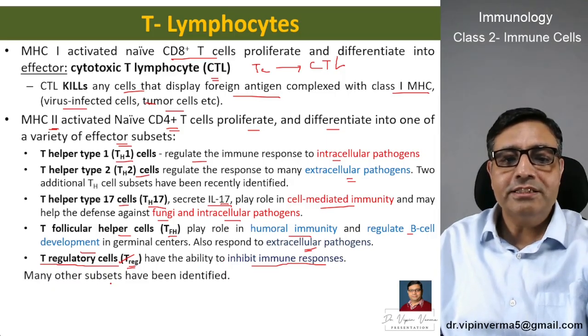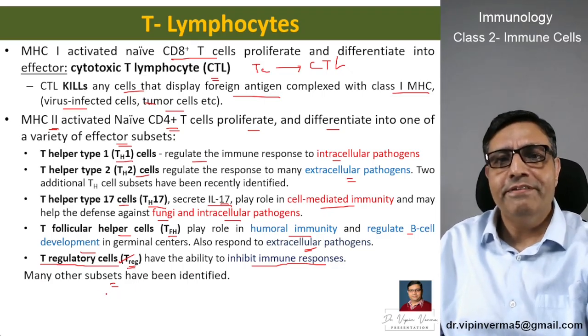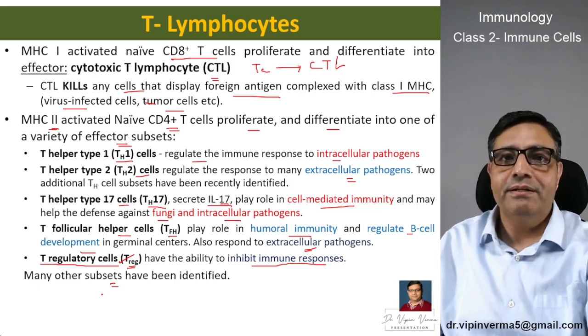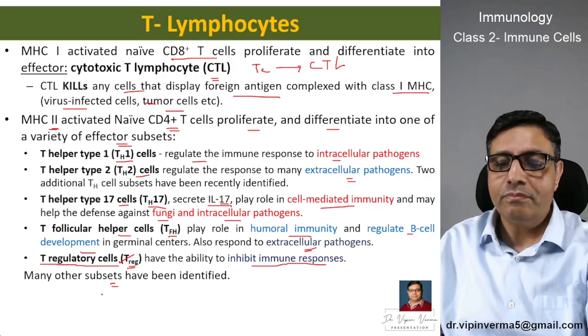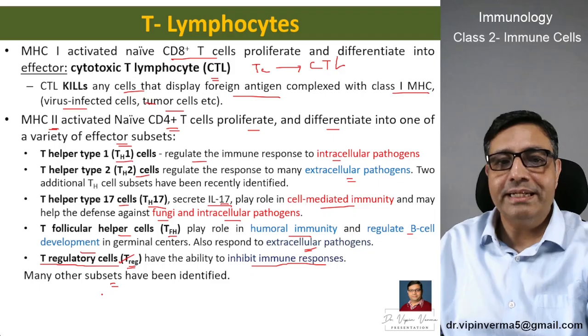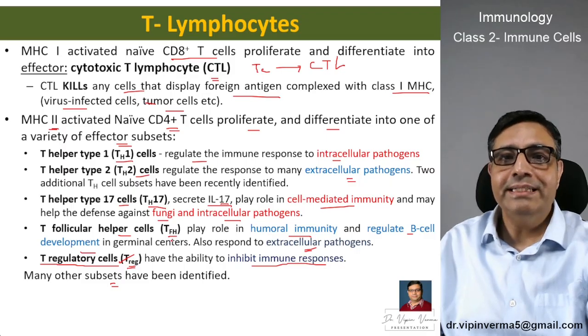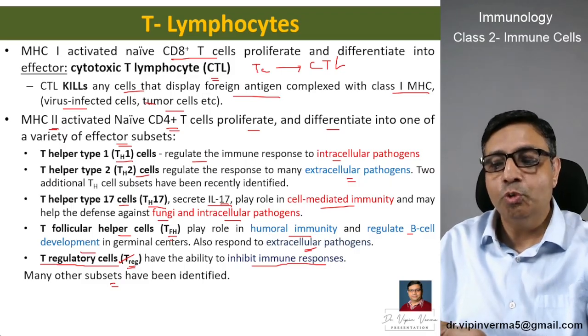There are many other subsets that have been identified. So if you find the list, the list is continuing and increasing, because we are now coming up with new subsets. But that's not the scope of this lecture. We can just give you a glimpse here that the T helper cells have a number of effector cells, and these effector cells do different functions.